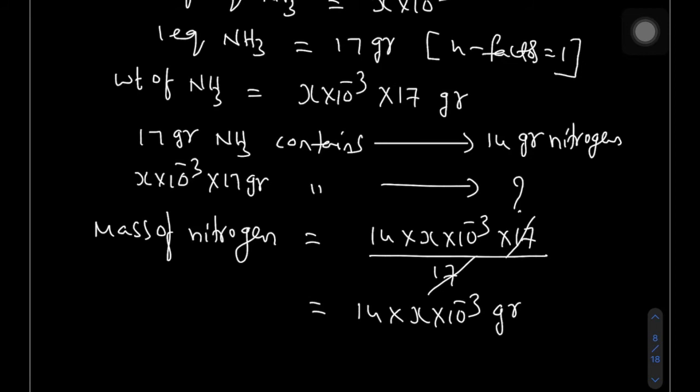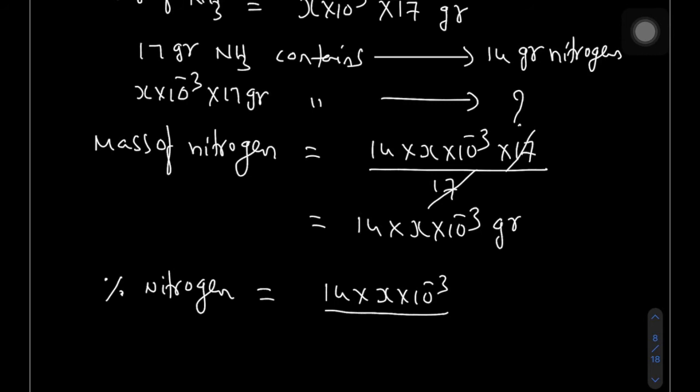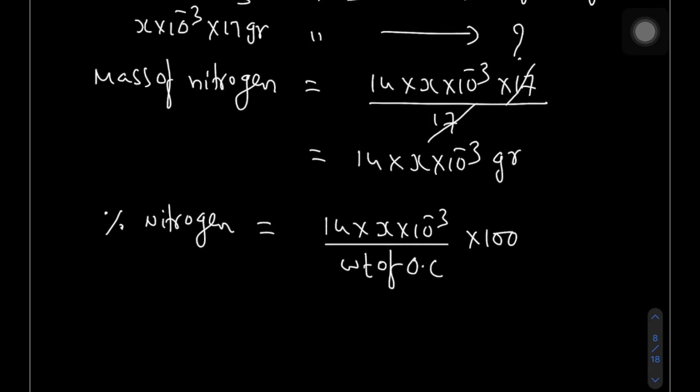From this we can convert this mass into percentage. So finally I am writing percentage of nitrogen is equal to 14 into x into 10 raised to minus 3 whole divided by weight of organic compound into 100.